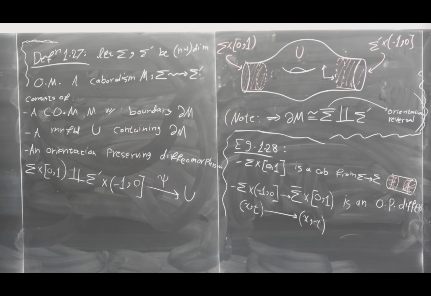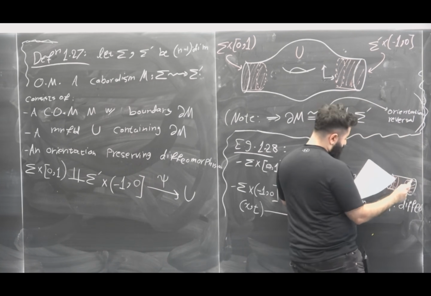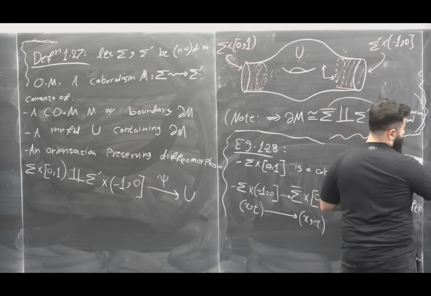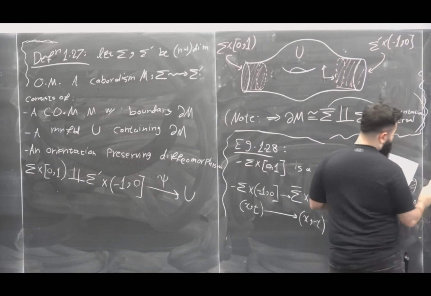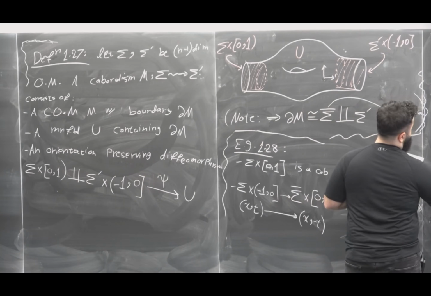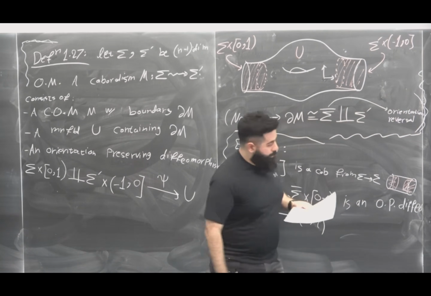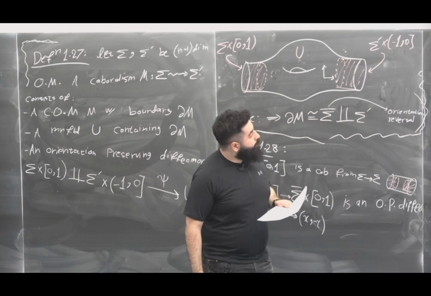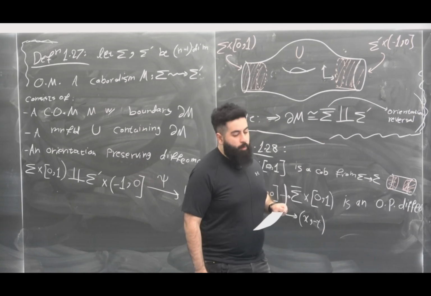And what does this look like? You start with a disjoint union of sigma and sigma prime orientation reversed. There's a collar neighborhood around it, and it'll look like this. And here's the empty set, seen as an n-1 dimensional manifold.